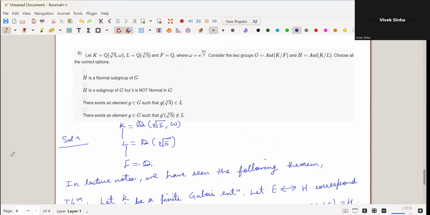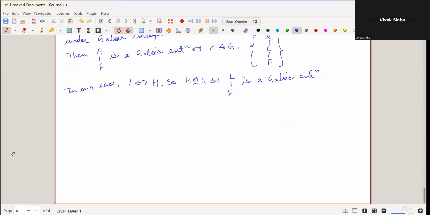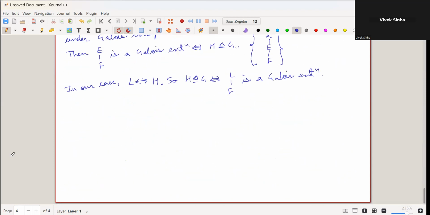No, because L is Q adjoined with cube root of 5 and F is Q. L equal to Q(cube root of 5) over F, that is Q, is not a Galois extension.